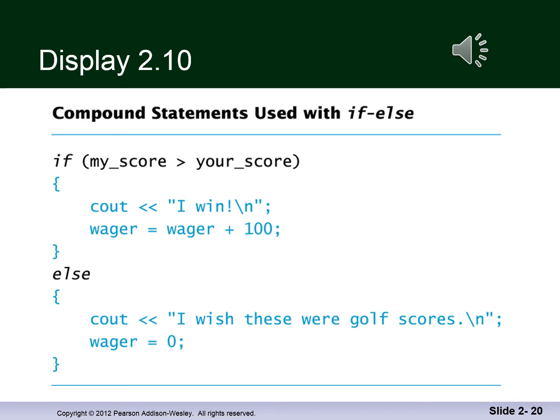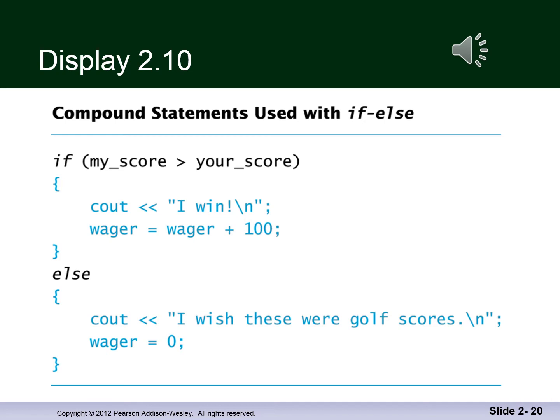Let's just assume they're ints for the sake of this conversation. I can do that because I'm in charge here. If my score is greater than your score, execute the cout statement, I win, new line, and the assignment statement, wager plus 100, gets assigned to wager. So wager gets increased by 100.